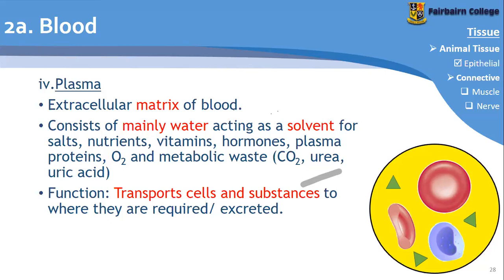It provides a medium where all of these things can take place in. Okay, so it is the extracellular matrix of blood, and it consists mainly of water, and water then acts as a solvent for a bunch of nutrients and salts and vitamins, hormones, plasma proteins, oxygen, and metabolic waste. So all of these things are also transported by blood.